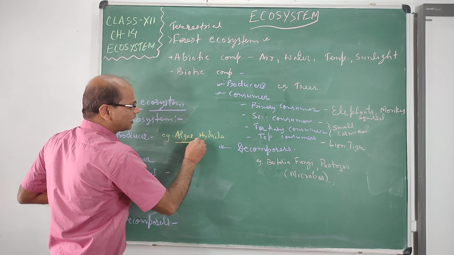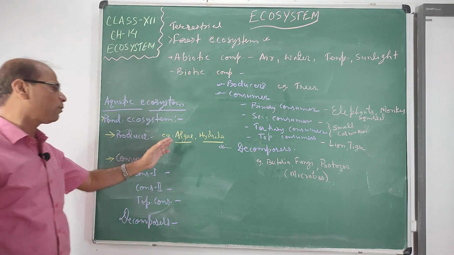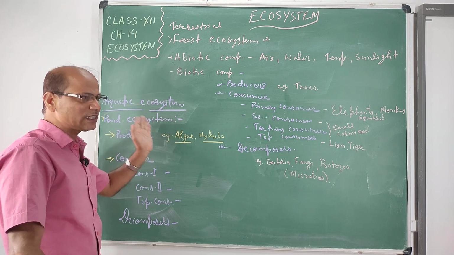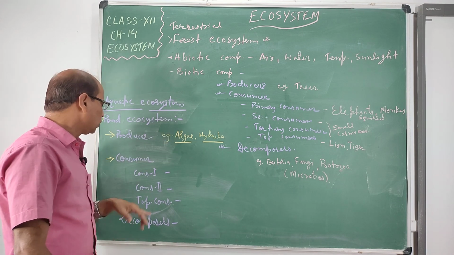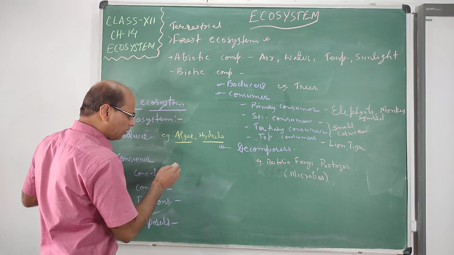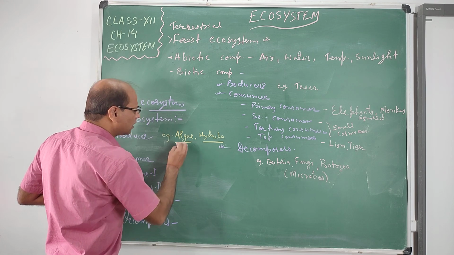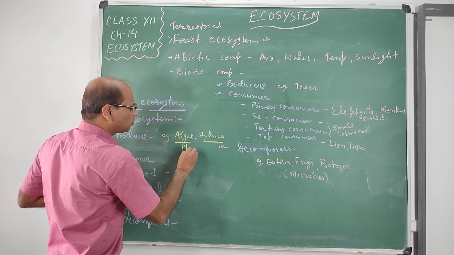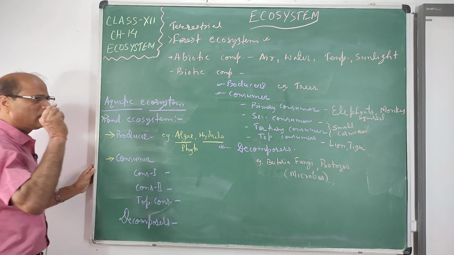So these consumers enjoy the product of the producer. The producer, either algae, hydrilla or another one, produces food, meaning it converts the solar energy into chemical energy inside the water. After that, what happens? Consumer 1 consumes the producer's food. That is mainly phytoplankton here.